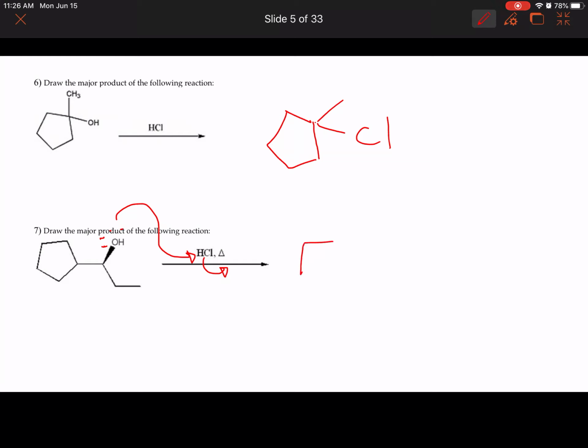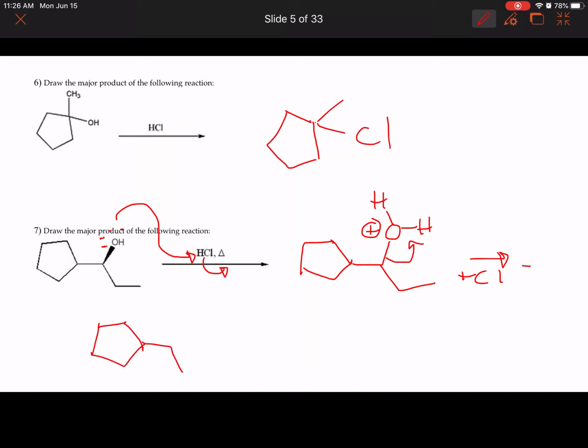So you're going to be forming this molecule where you have a protonated alcohol. Okay, like this. Secondary carbocation, and this can fall off, and then you're going to be making plus Cl minus.